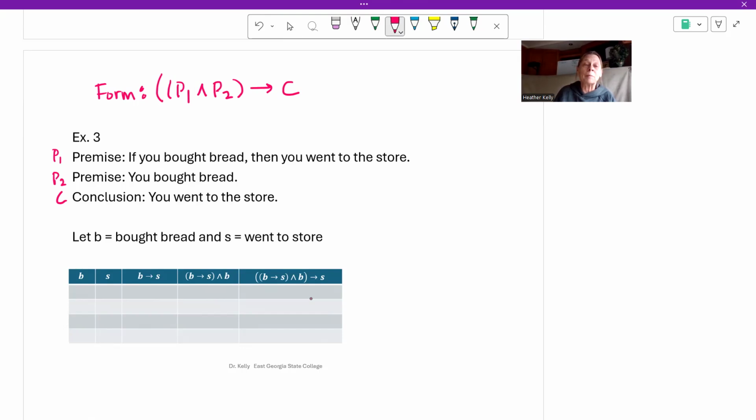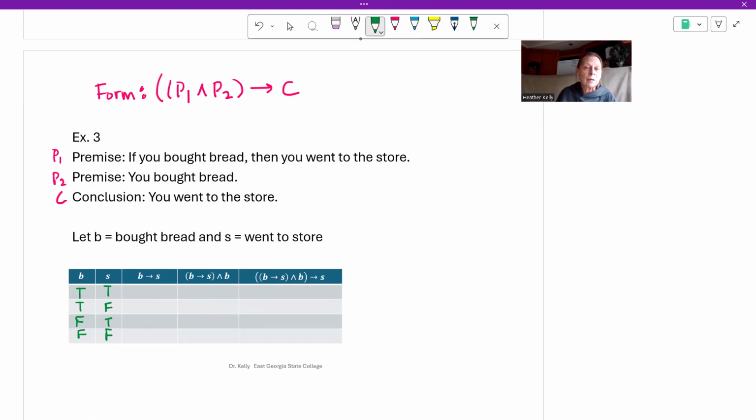Now, each premise could be complicated. It could be a conditional statement or it could be something else. Okay, so you've got to take each piece one by one. So let's look at premise 1. Let's use these letters here, B and S. So let me get my table going here. So this is going to be true, true, false, false, true, false, true, false.